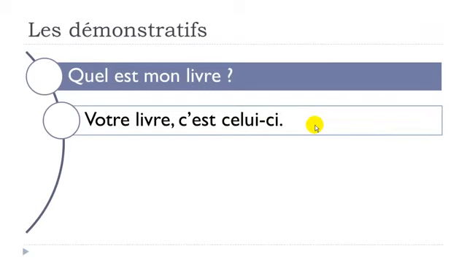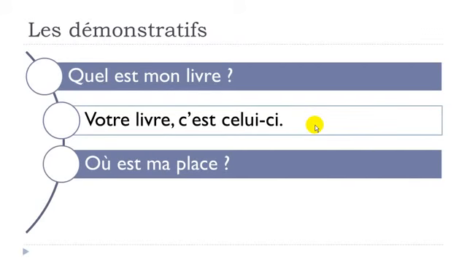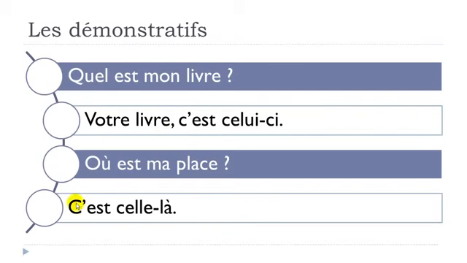Normally when you say that, you tend to indicate it with your finger as well. So you point at the book. Votre livre, c'est celui-ci. Où est ma place? Where is my seat? Où est ma place? C'est celle-là. Same thing, you tend to point at it at the same time. C'est celle-là.